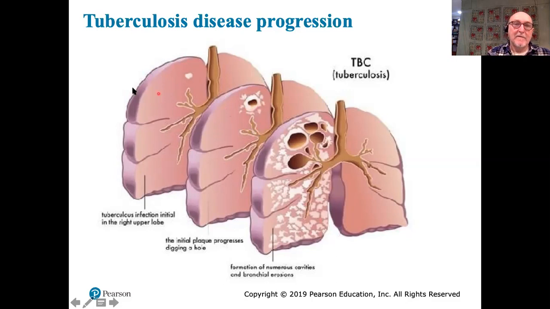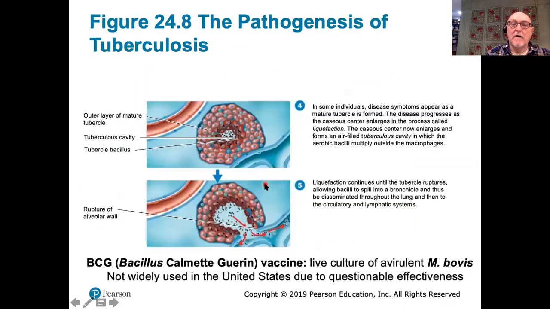There was a vaccine developed fairly early on. It's called the BCG, Bacillus Calmette-Guérin, and it's named for the doctors who developed it. And it's actually Mycobacterium bovis, the bacterium that causes tuberculosis in cattle, very, very much weakened.